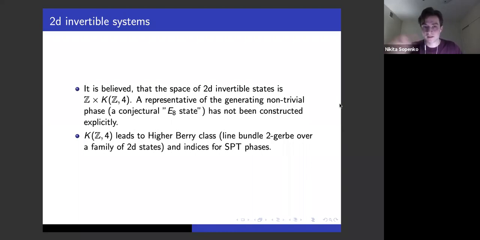The fact that there are these pieces like KZN precisely corresponds to this cohomology classification, because these maps correspond to non-trivial maps from BG to this space. That's also a good indication why we expect that these KZN pieces should be part of the space of invertible states. But as I said, this cohomology classification breaks down in high dimensions, precisely because the spaces are not exactly KZN.